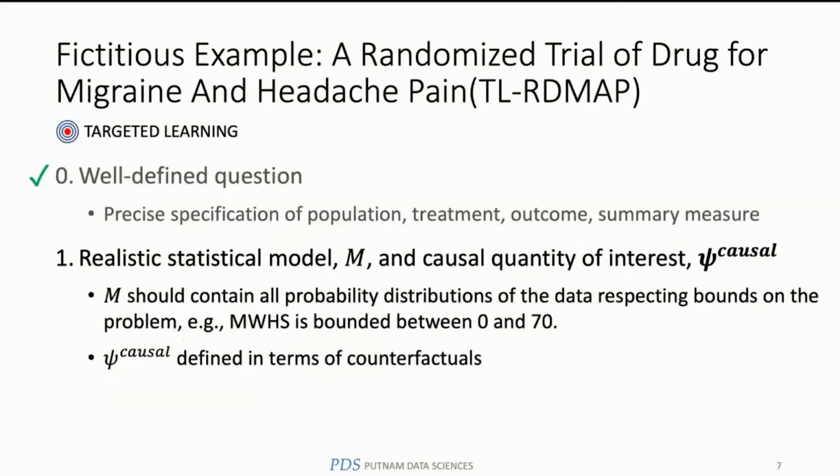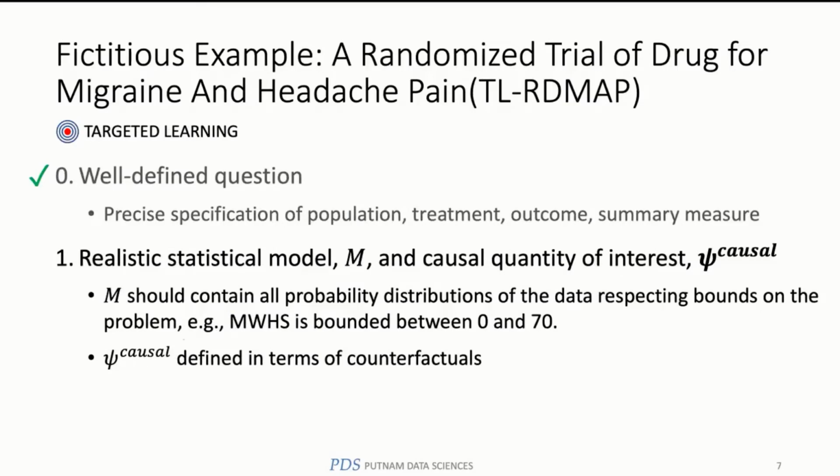So on our roadmap, we now have a well-defined question, and it was these precise specifications that we saw on the previous slide. Now we're up to the next step. We're going to specify a realistic statistical model, M. And what that means is it's a collection of probability distributions of the data. We don't have to include every possible probability distribution in the world.